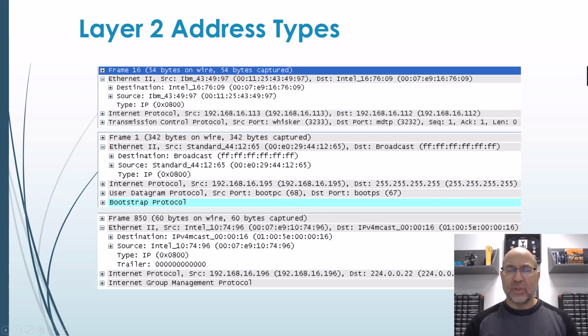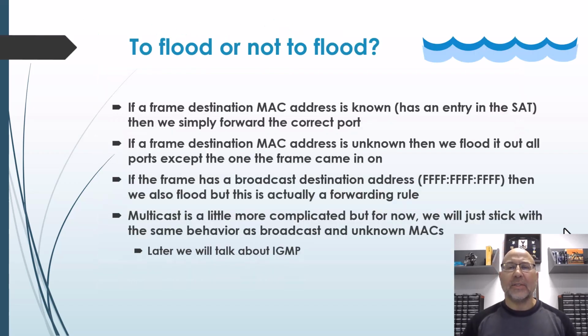All 3 of those source MACs are unicast, really, really important. The destinations, however, can be unicast, broadcast, or multicast. And that is what affects the behavior of the switch. And then if we add to this a MAC address that might not be known, then we've got all of our forwarding decisions that have to be made. Okay, to flood or not to flood.